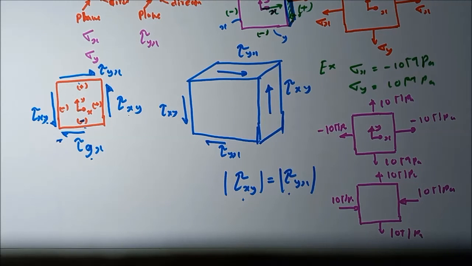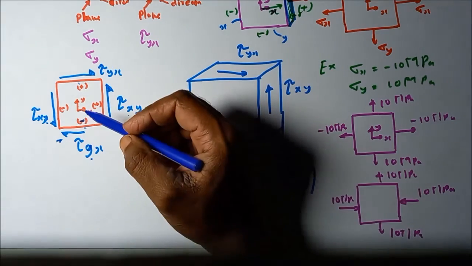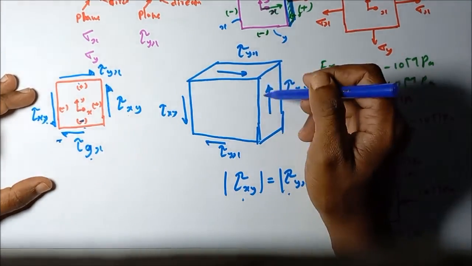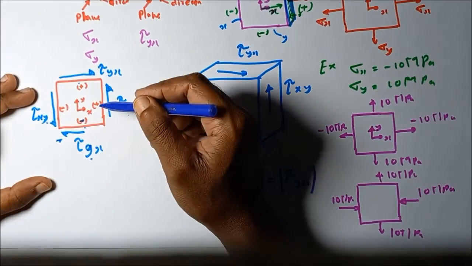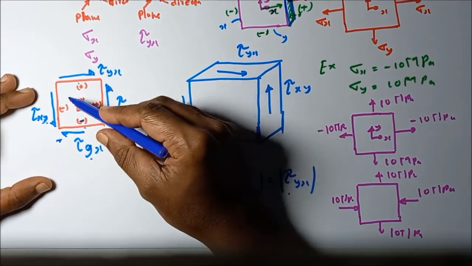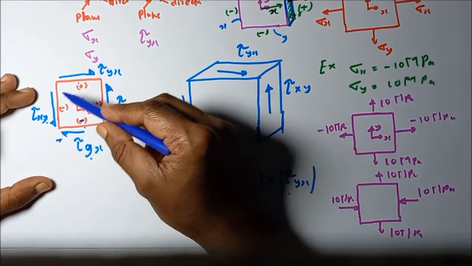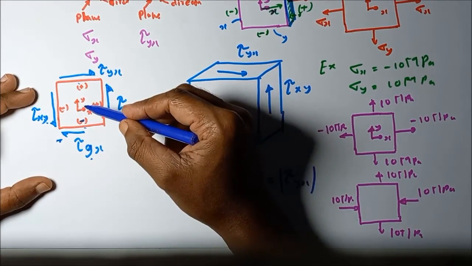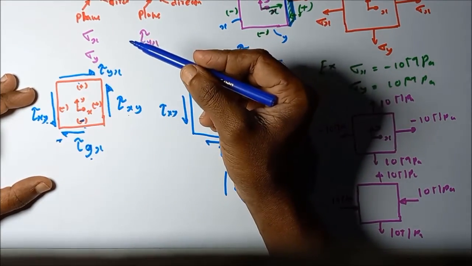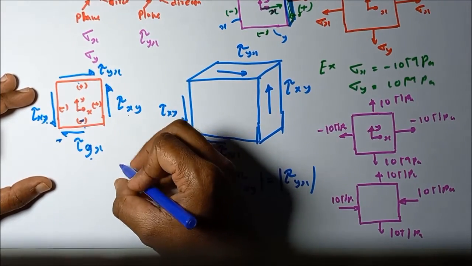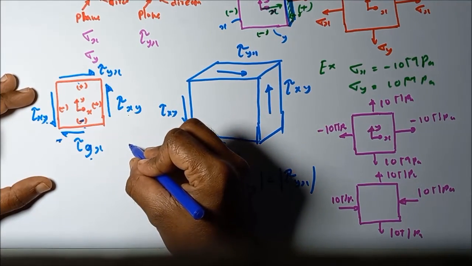Then let's see how to mark the stresses on all of these planes. You can see all four faces are normal to the coordinate axes. Then what happens when you are going to mark the stresses on an inclined plane?